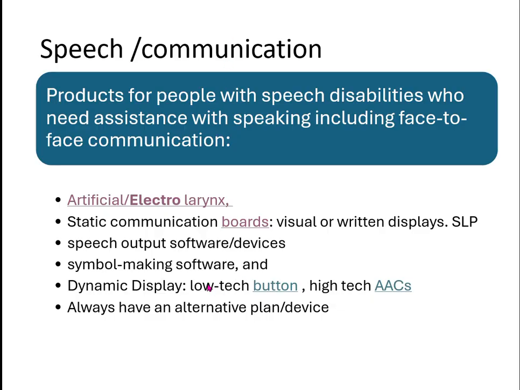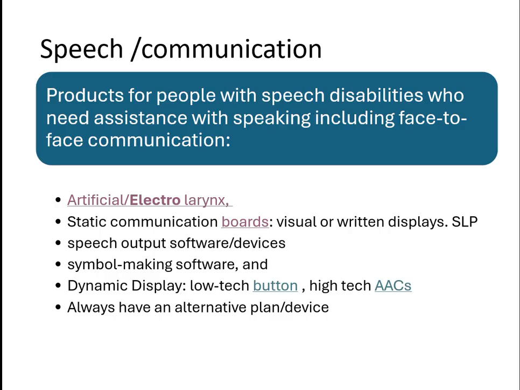Now, another way to AAC or technology is speech output software or devices. Those are devices or software that are installed on laptops or computers that produce output for people, speaking on their behalf, so to speak.